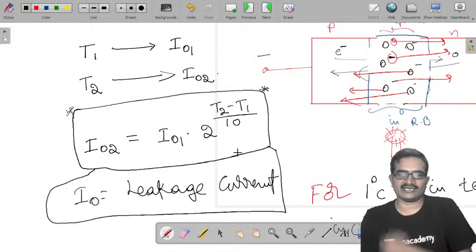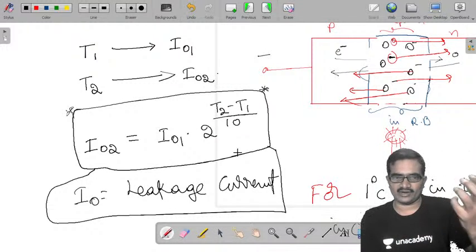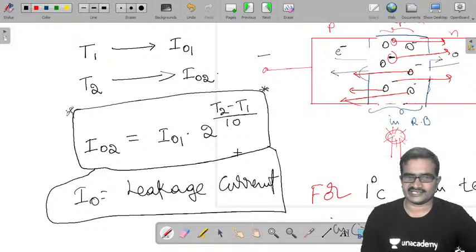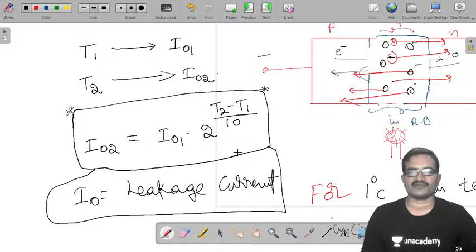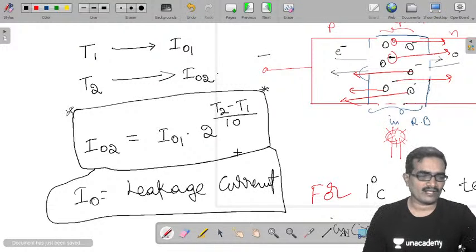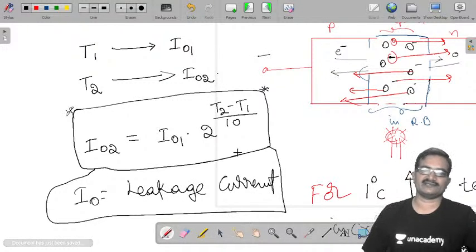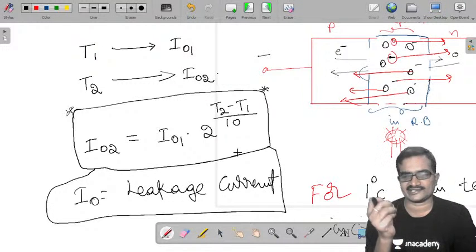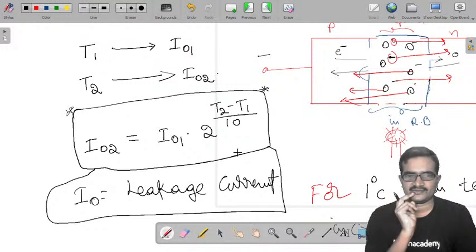Due to temperature, I naught is increasing. Once I naught is increasing, that means ICO, as we call it in a transistor, is increasing, IC is also increasing, then more heat is generated. So to cool that, we need to use a heat sink there. This is the effect of temperature on the VI characteristics of a PN junction diode.